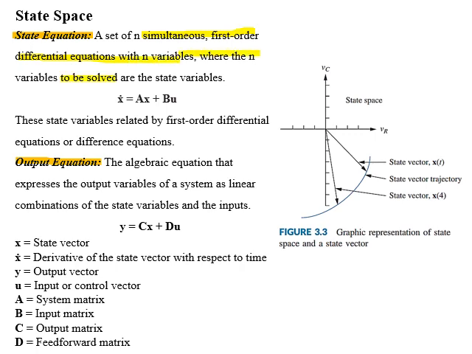As studied, a state variable is a set of parameters which provide sufficient information about the system, and these variables must be dynamic in the system. So when these variables are represented in first order differential form, this is known as the state equation.